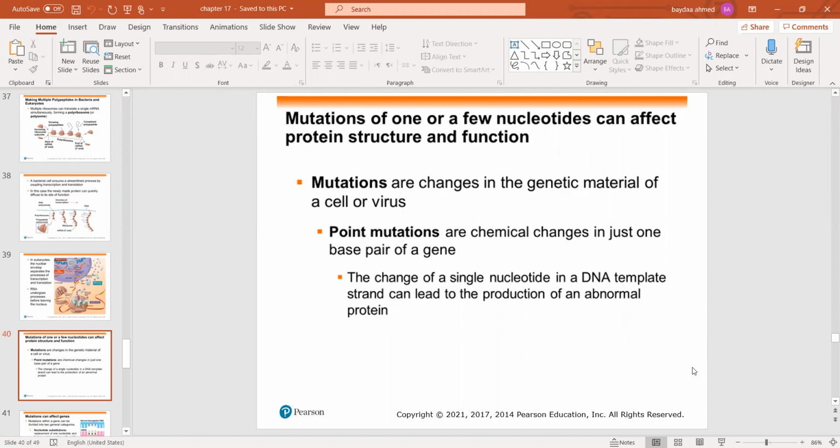The change of a single nucleotide in the DNA's template strand leads to an altered mRNA and the production of an abnormal protein. In individuals who are homozygous for the mutant allele, the sickling of red blood cells caused by the altered hemoglobin produces the multiple symptoms associated with sickle cell disease.